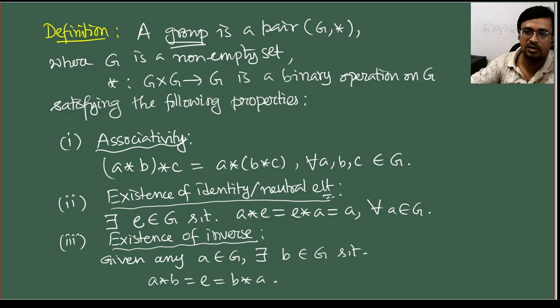So let's see a few more examples. Consider S1, the unit circle, z in C such that mod z equal to 1. This is the unit circle inside the complex plane.